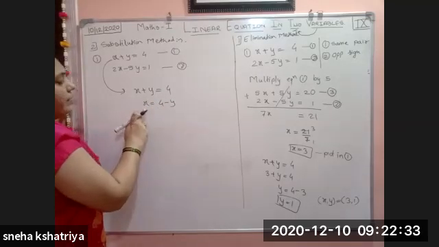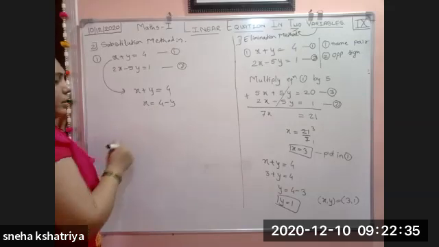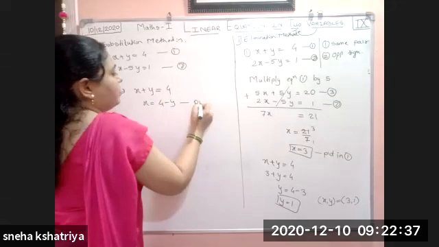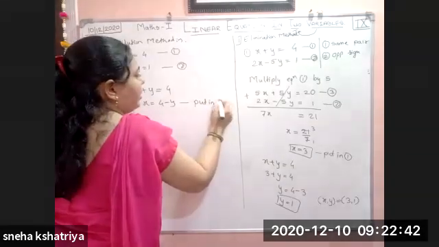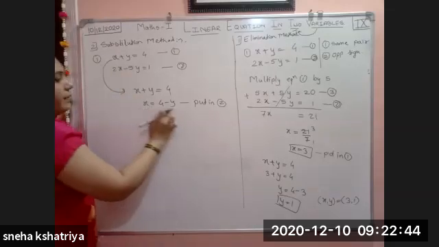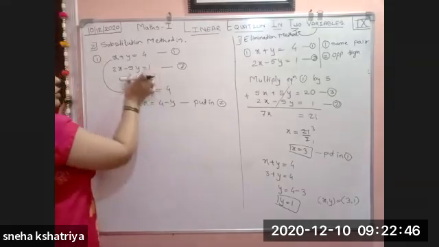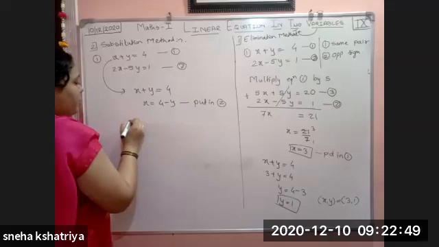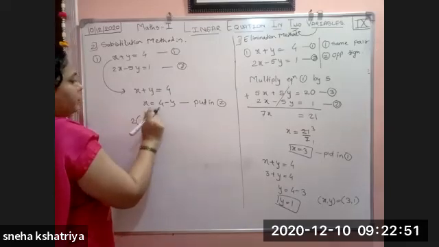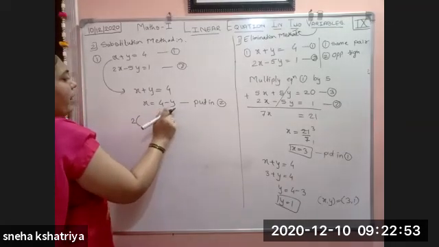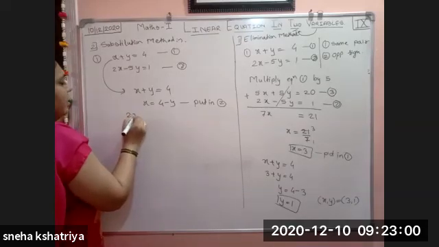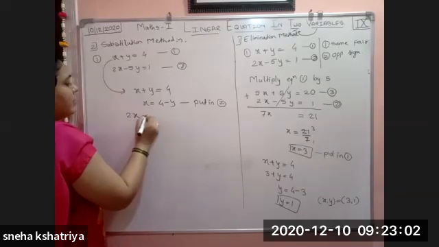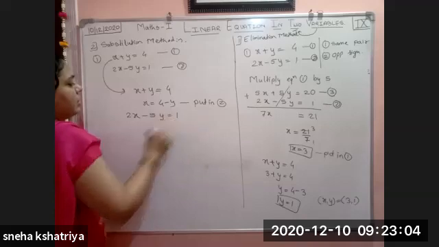We get one variable in the form of the second variable. So put this value in equation 2. From the first, we found the value of x, and that value you are going to put in 2. First we will write down the second equation: 2x minus 5y is equal to 1.